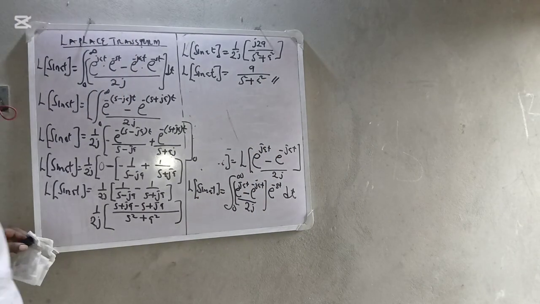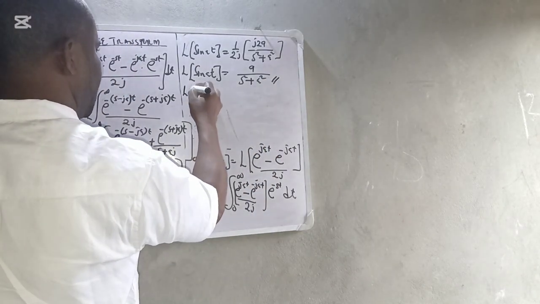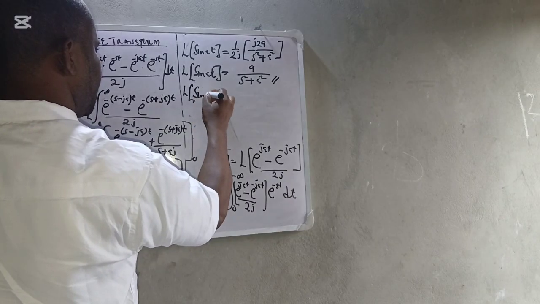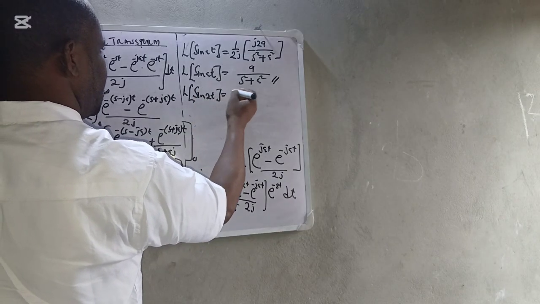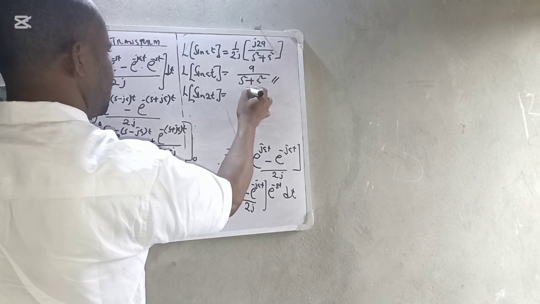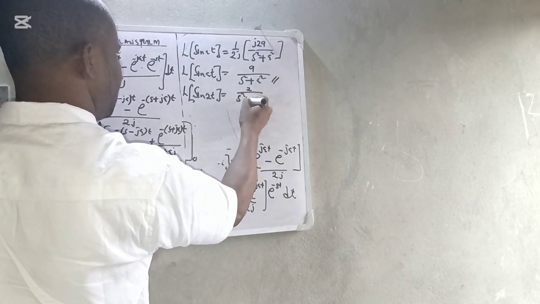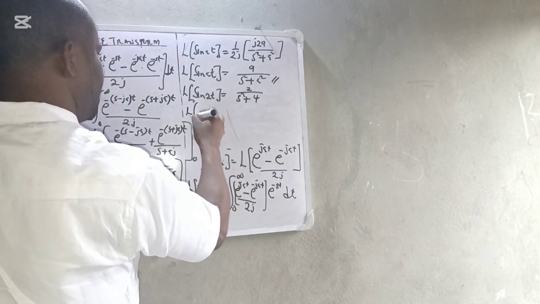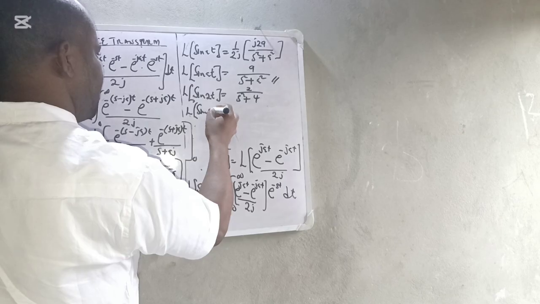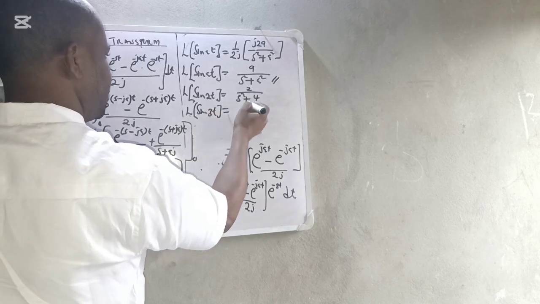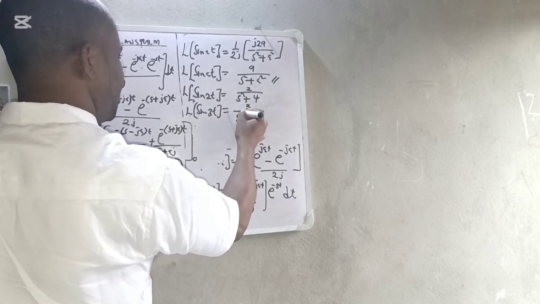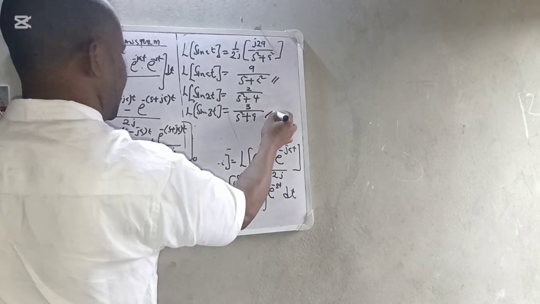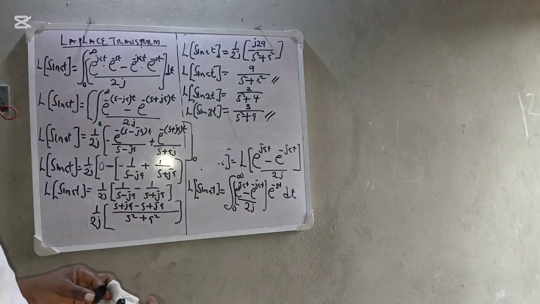So at this point we can also say that Laplace transform of sine 2t is 2 divided by this plus 4. Laplace transform of sine 3t is giving us 3 divided by this plus 9. So that is how we go about it.